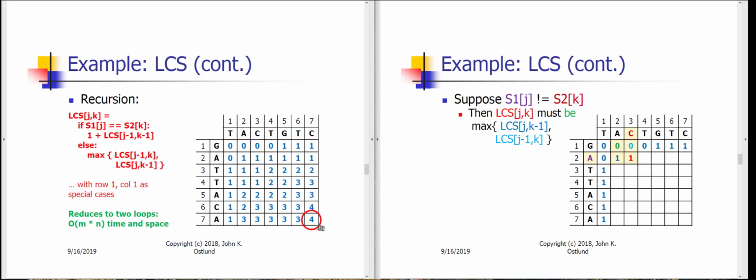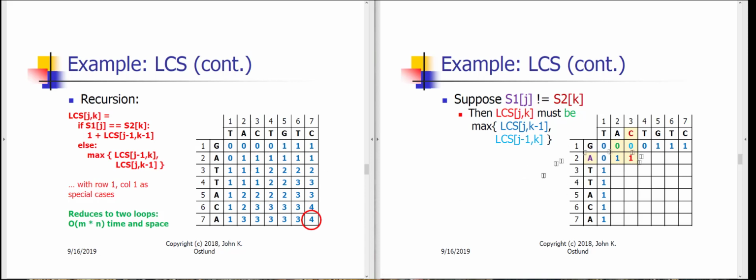And what we discover in the lower right corner, according to this recursion using the formula that we just talked about, is that the longest common subsequence of the prefix GATTACA versus the prefix TACTGTC is 4.